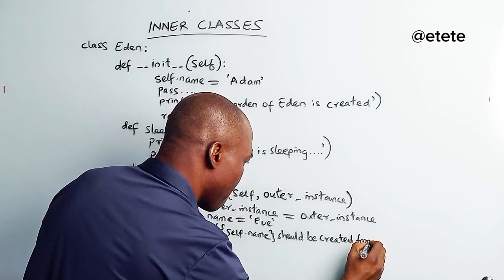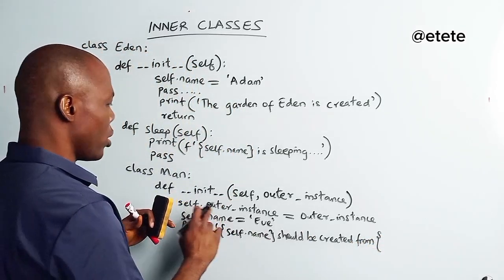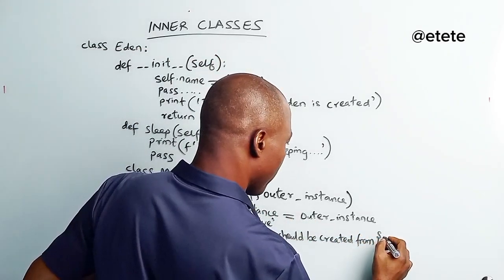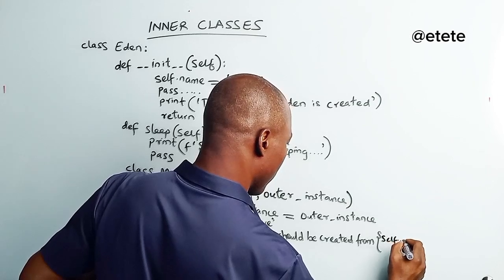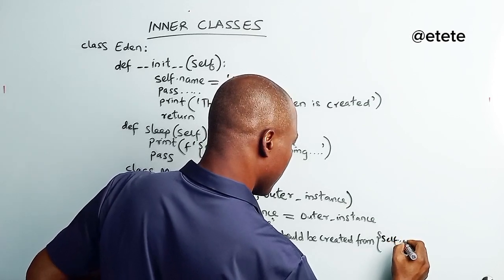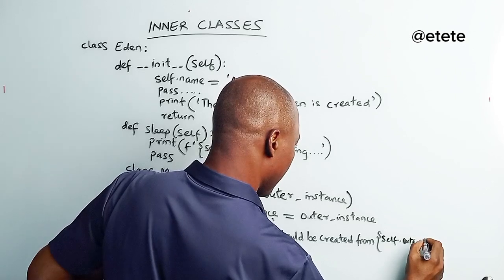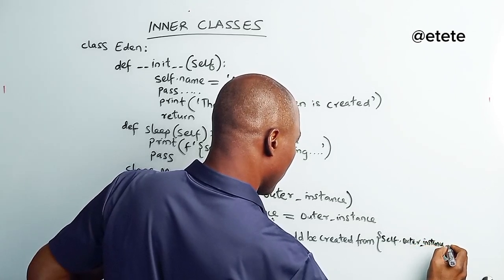From, then I'll do this. So now I am going to call self.outer_instance. Will it be enough? Self.outer_instance.name.